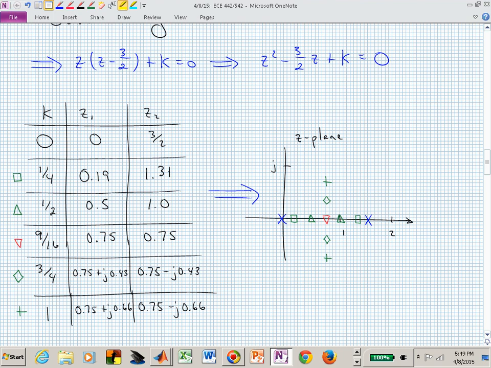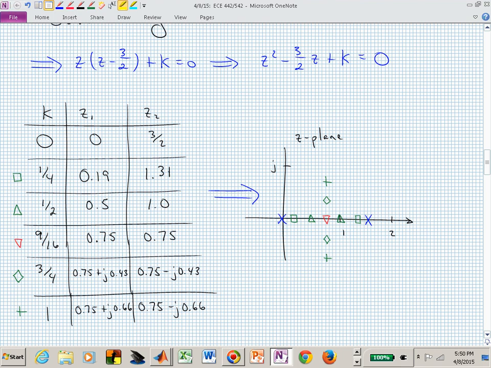We start at 3/2 and 0. Those are the x's. And then we start to approach each other. We go into each other. Is that making sense? Then we crank up the gain to 1/2. You're cranking in the root locus, you're varying k continuously. Here I'm looking at discrete values of k, just so you see how you can numerically do this.